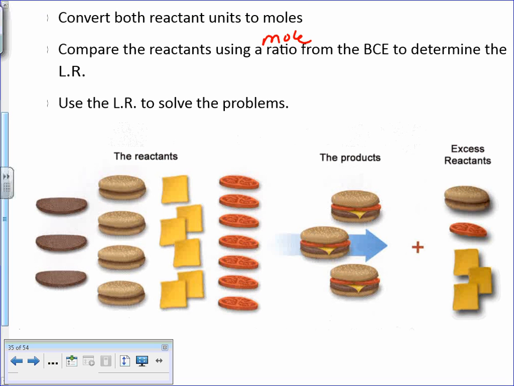This example is for vegetarians. So there were excess bread, cheese, and 1 tomato. Why could there only be 3 products made? Because only 3 times. So that limiting reagent is controlling the amount of product made. This other stuff is just an excess.